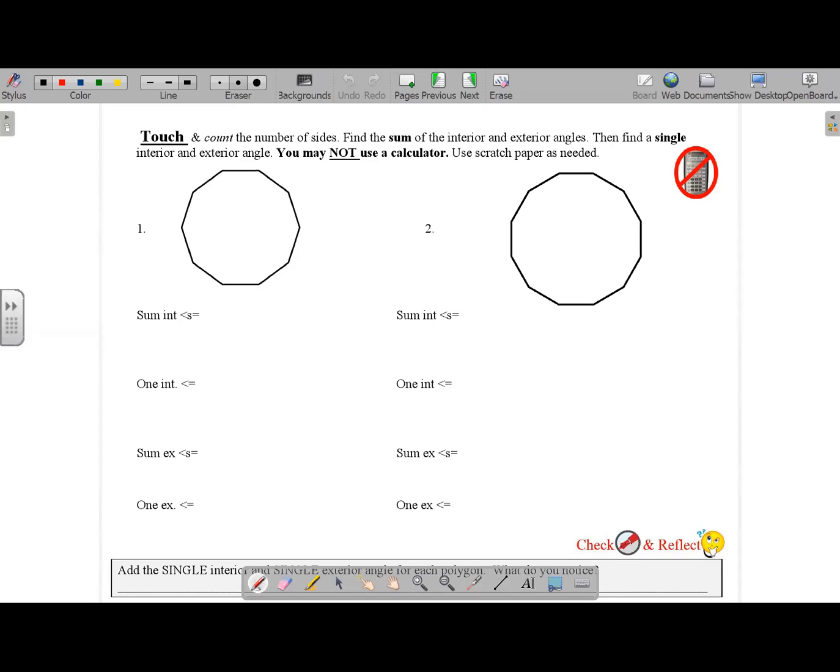Okay, no calculators, folks. So the first thing you're going to do is physically touch the number of sides, and establish what is your n, which is the number of sides for both of these. Then the sum of interior angles, I'm going to write down the equation so that you don't have to flip back and forth, although you should have them. Sides minus 2 times 180.